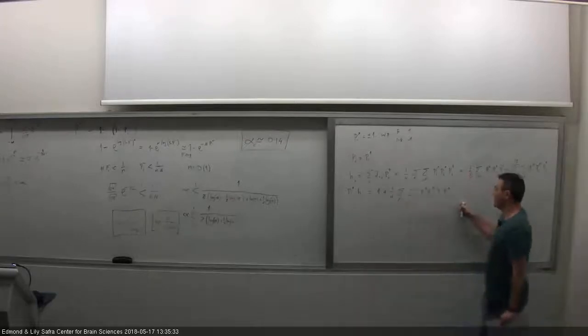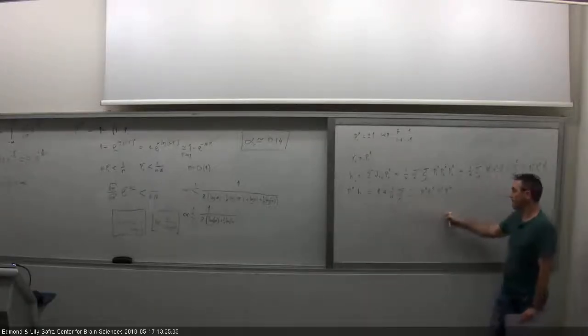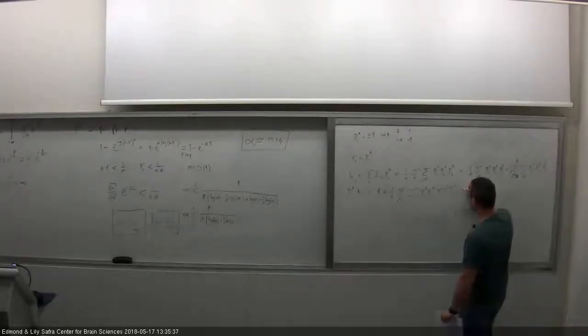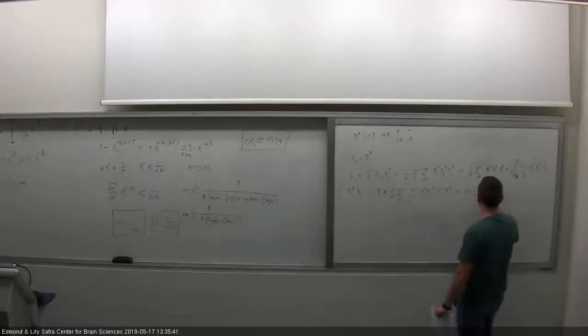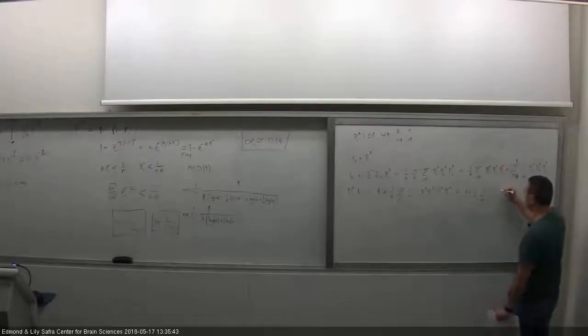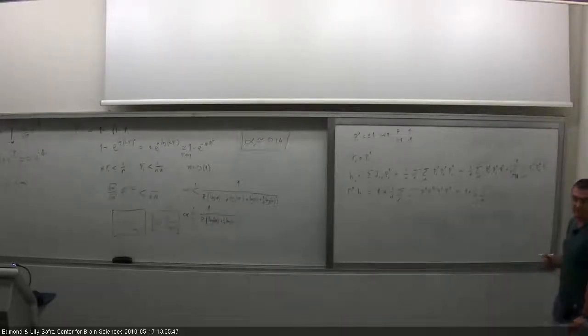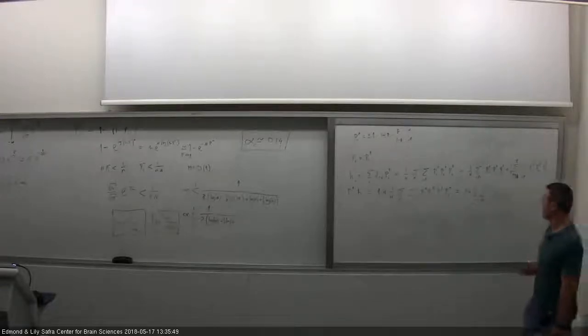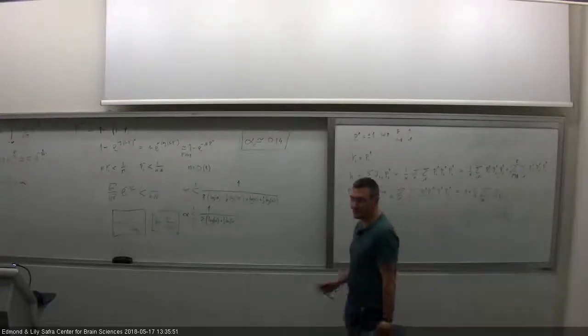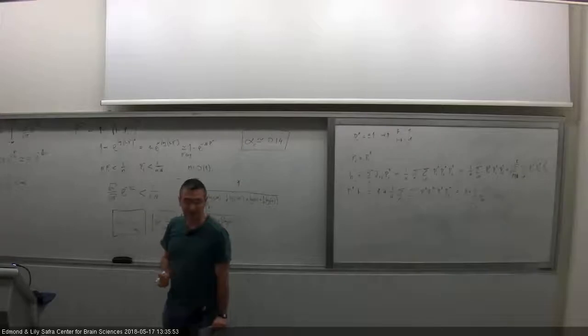What can we say about this sum? It's 1 plus 1 over n, sum over k, zk. So far, it's the same as before. What's the distribution of this sum?